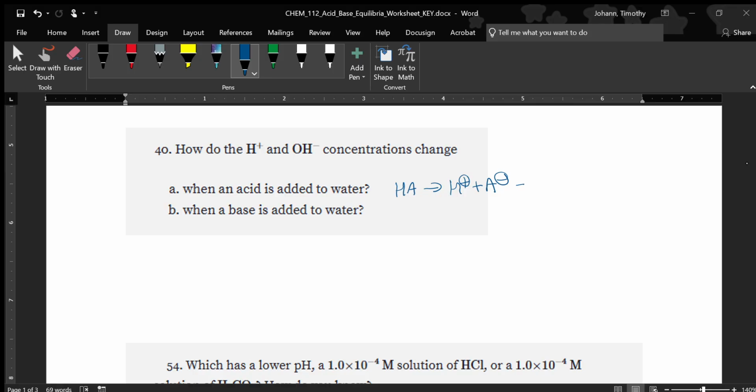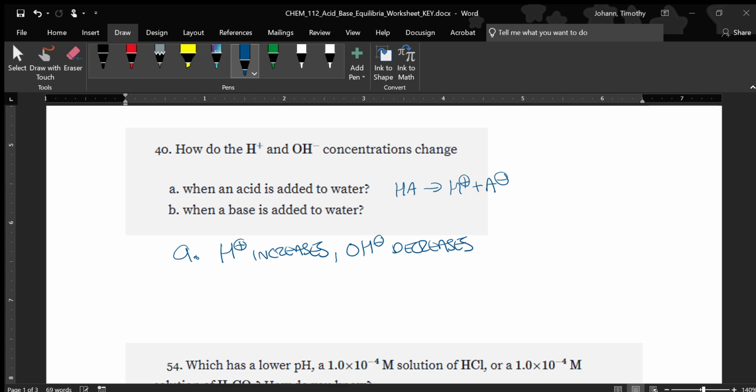So for an acid, H plus increases, OH minus decreases.